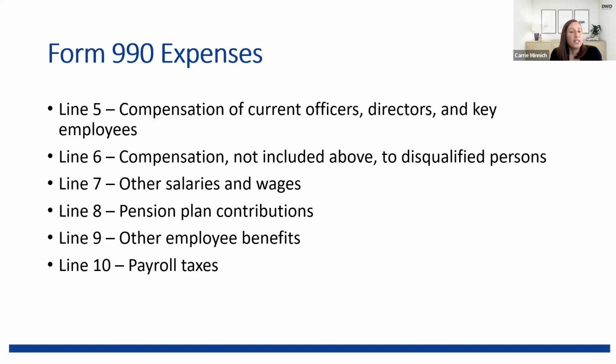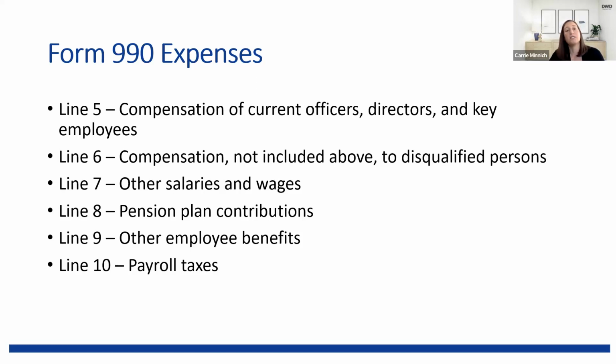The next set of expenses on the 990 have to do with employees, payroll. So line 5 is compensation of current officers, directors, and key employees. I'm not going to go into what constitutes an officer, director, and key employee.